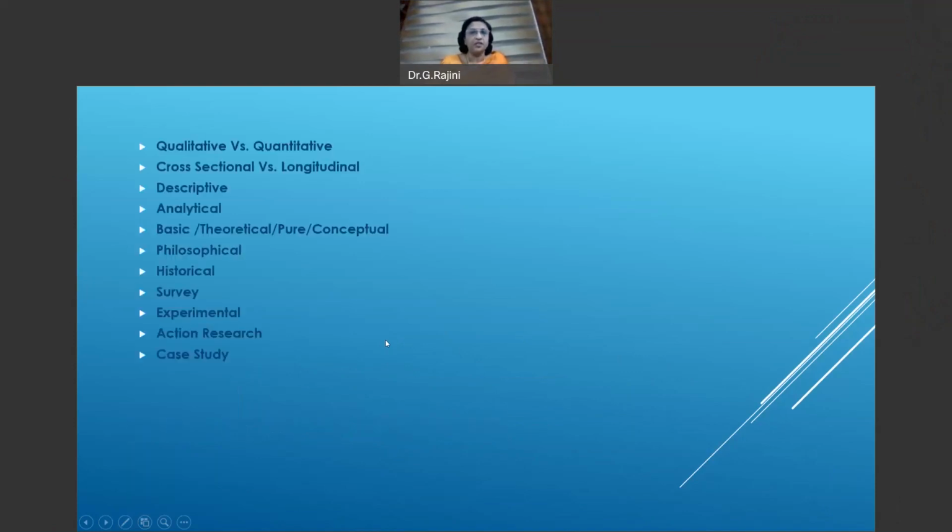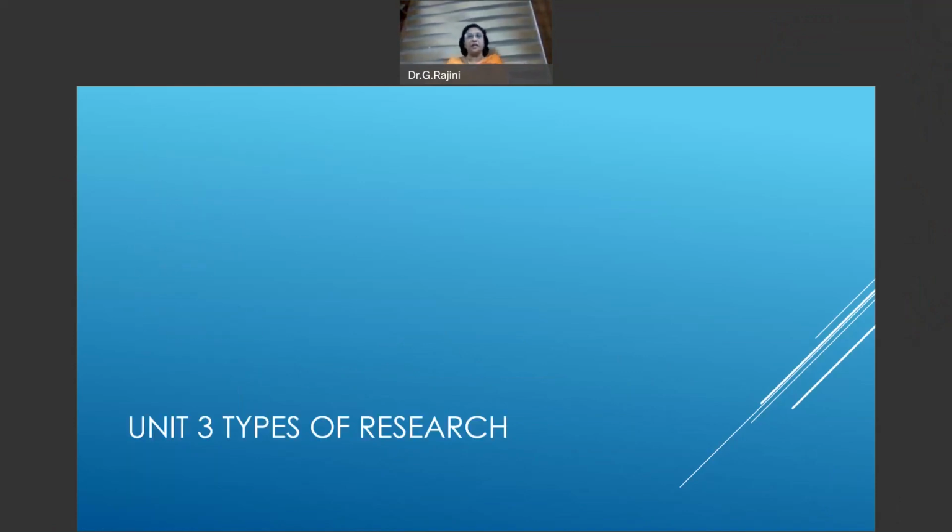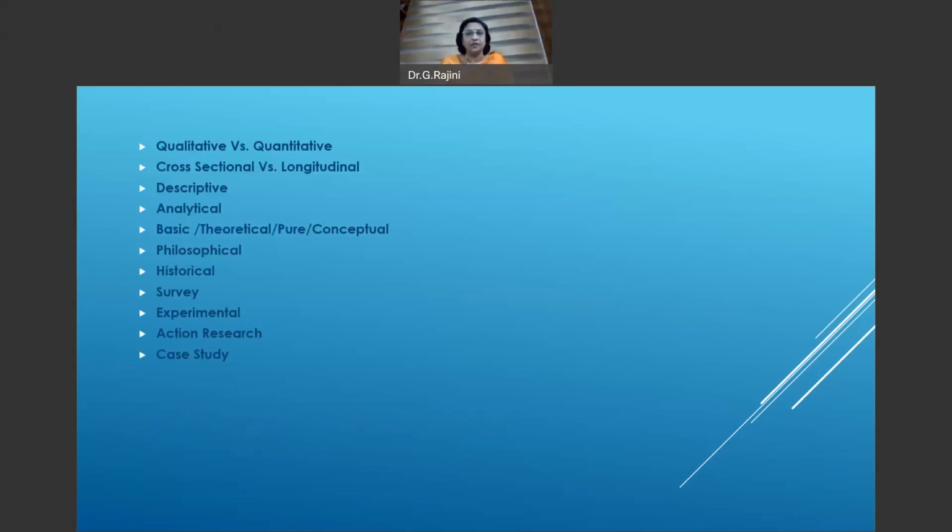So types of research. In research design, we have studied descriptive research, explanatory research, and experimental research. So here, when we get a question like types of research, we can classify that in different ways. But we would have seen all this in the research design as well.